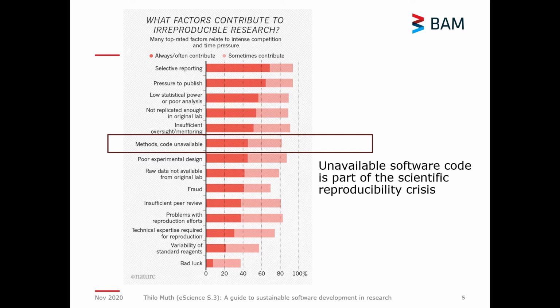Some of the typical things stated are pressure to publish, low statistical power or poor analysis, and poor experimental design, for example. But there's also a significant part of this questionnaire where the answer is methods or code unavailable. So unavailable software code is part of the scientific reproducibility crisis.